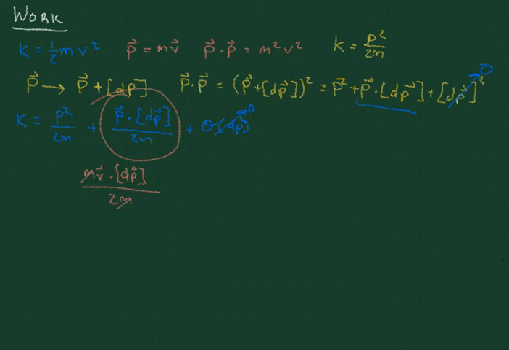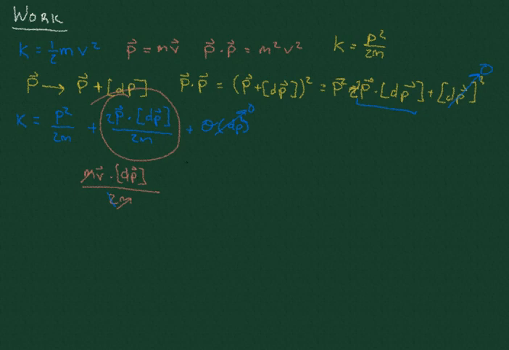The masses cancel out. I made a mistake here. Since I squared this, there should have been a 2 here. So that 2 comes down to here. So those two 2's also cancel out. So we just have something that looks like v dot dp.